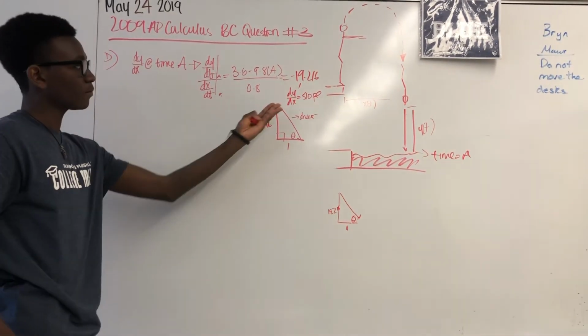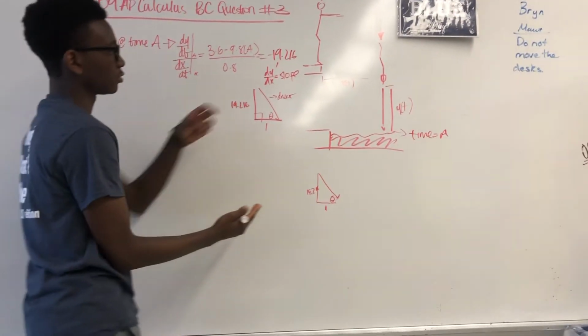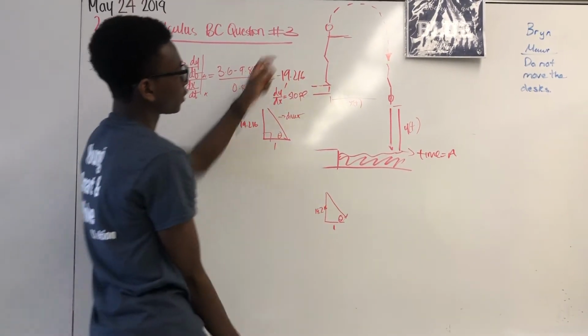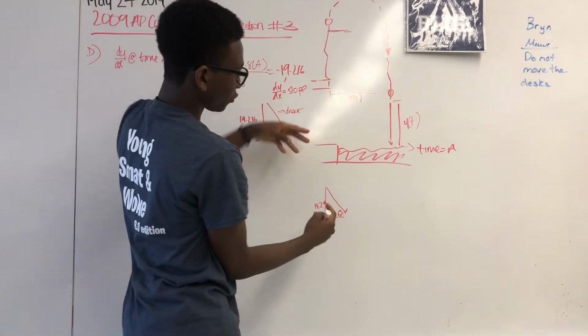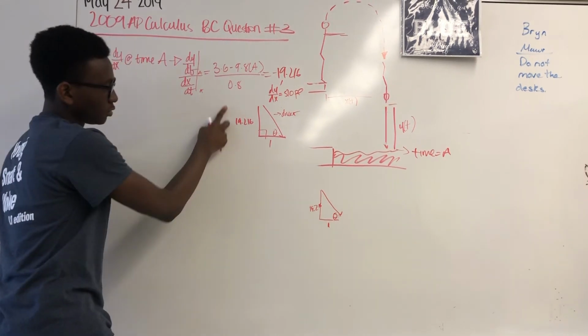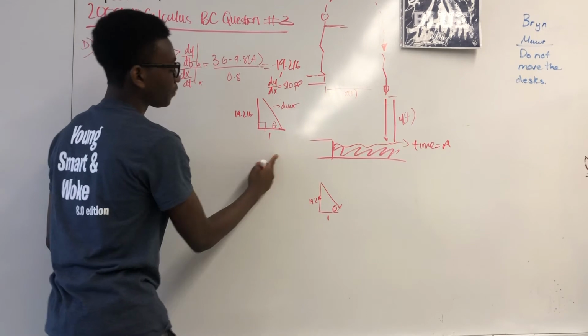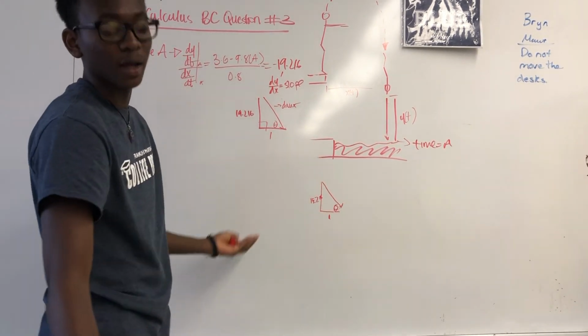Once you have that, you can go into finding the angle. We can set up a triangle that has 19.219 as the opposite side and 1 as the adjacent side. We do this because if you go back to algebra, when we talk about slope, we talk about rise over run. In this case, 19.219 would be the rise and 1 would be the run.